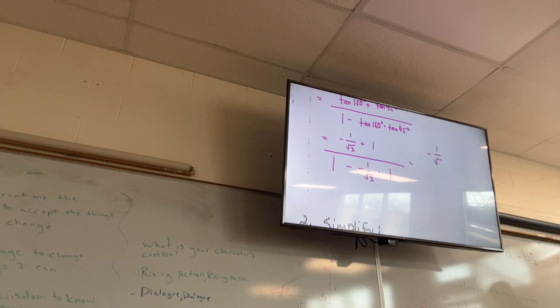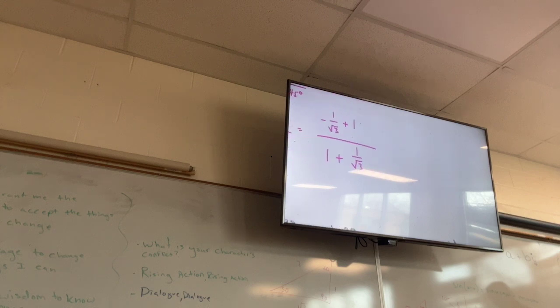So simplifying the bottom a little bit. Right? 1 minus negative 1 over root 3 times 1 is the same as 1 plus 1 over root 3. Okay? And then I need to combine these two terms. Okay? So that 1 has a denominator of 1. Let's multiply the top and bottom by root 3 over root 3. Same thing down here, right?